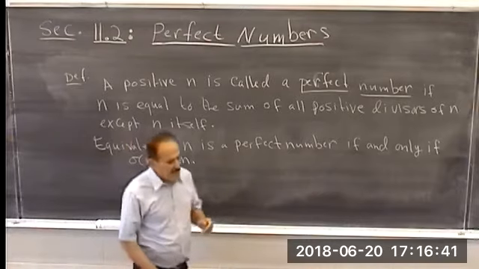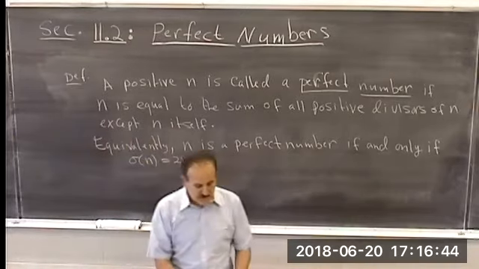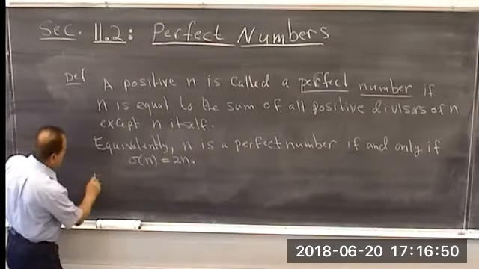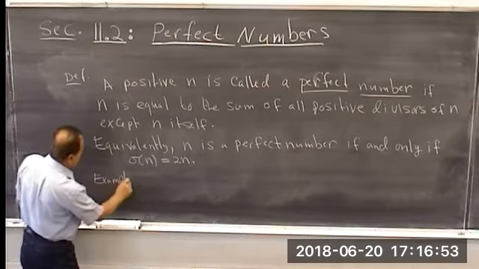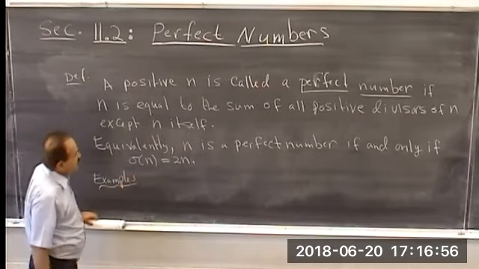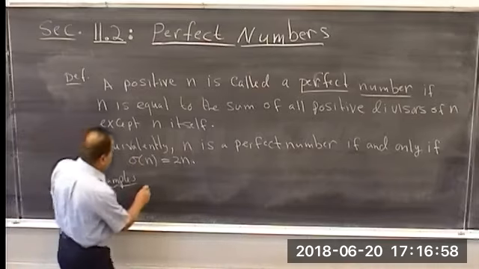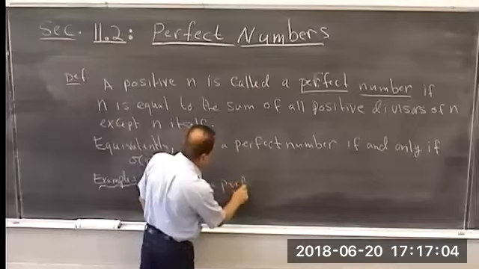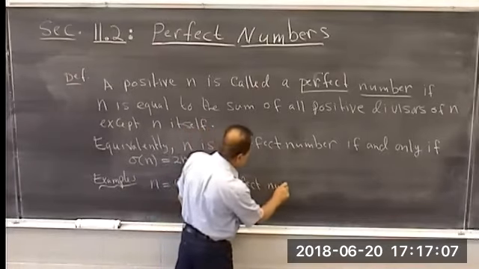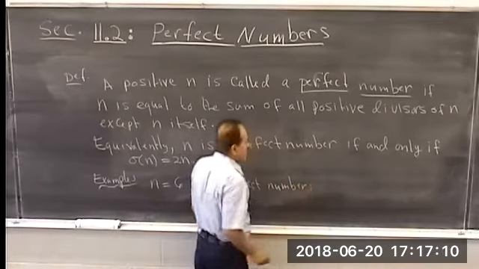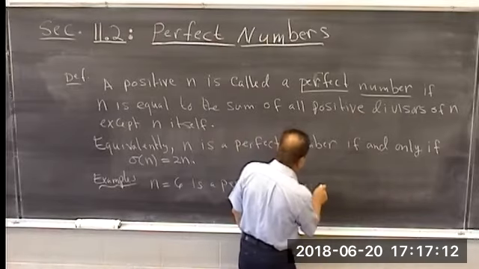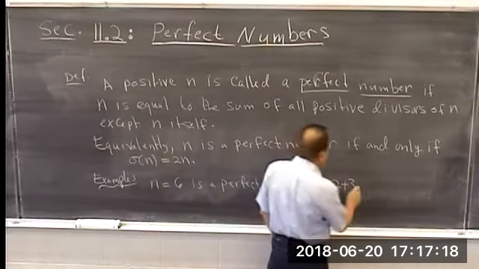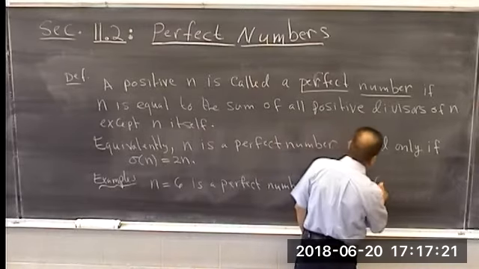All right, so as I mentioned, these are known to the ancient Greeks, and let me give some examples. The smallest perfect number is 6, because the positive divisors of 6 are 1, 2, 3, and 1 plus 2 plus 3 is equal to 6.